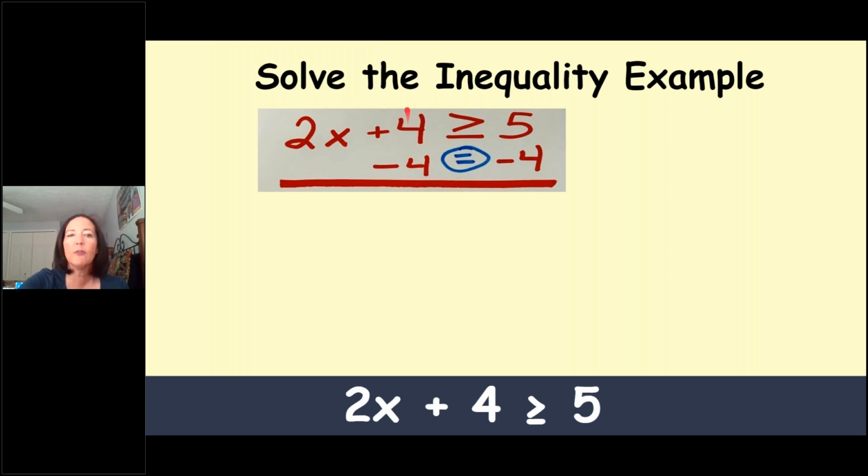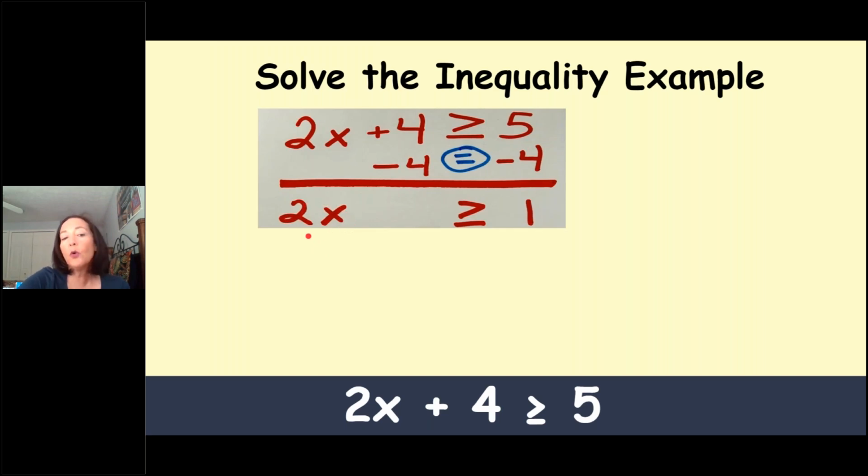So if we're going to take away 4 from the left, we're going to take away 4 from the right. So when I do that, the plus 4 minus 4 cancels out. But I still have 2x. It's still greater than or equal to, and 5 minus 4 was 1. Okay, so it's simpler, but I still don't have the variable all by itself.